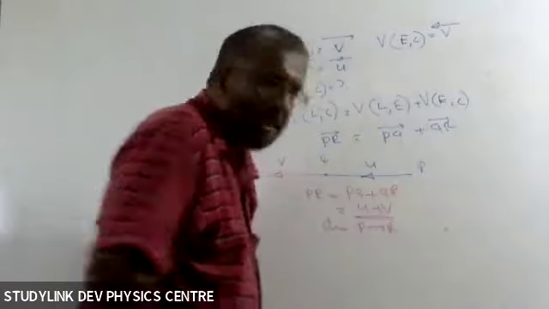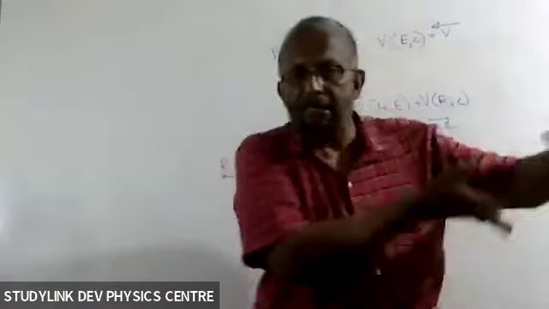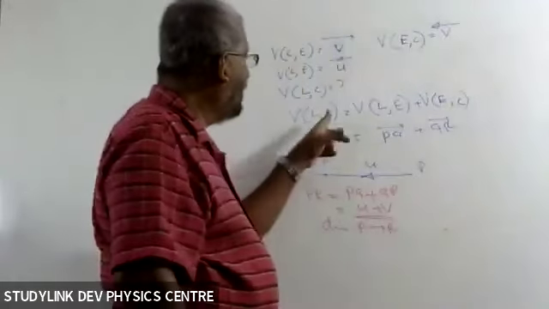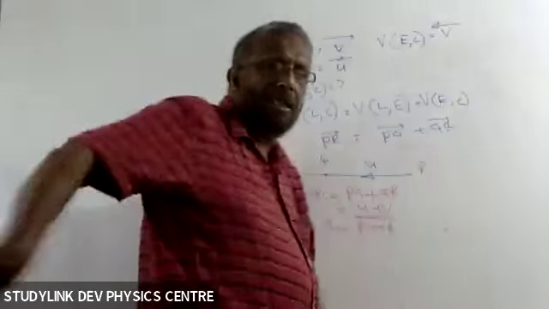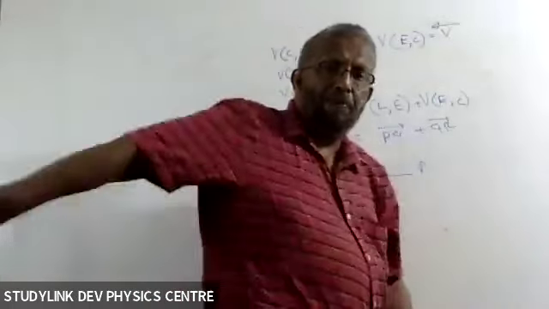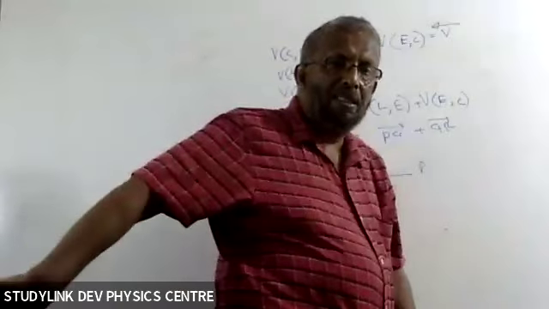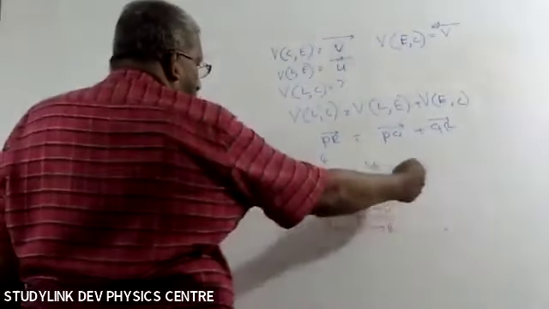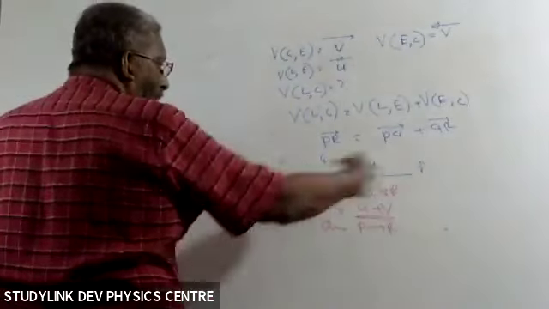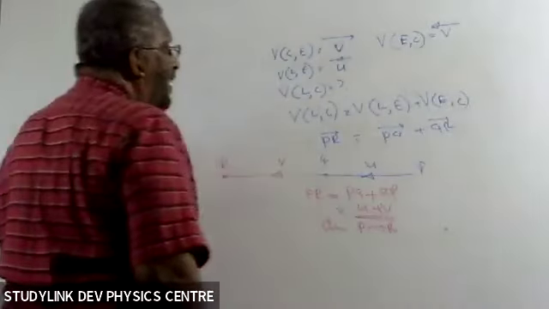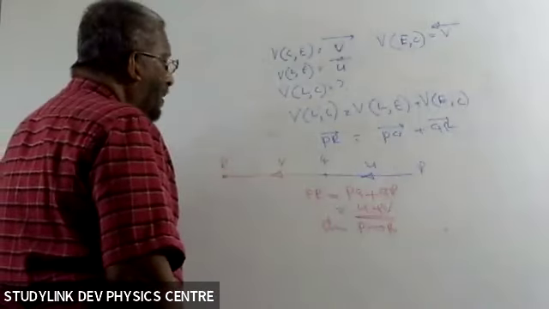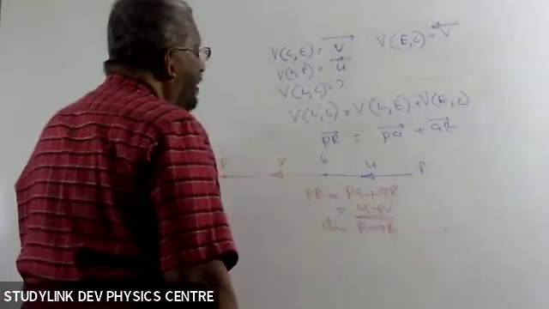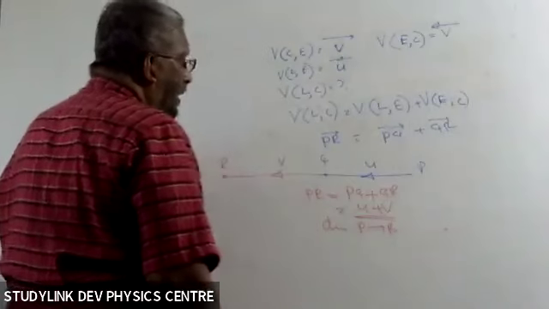The person in the car, relative to the car, can see the lorry passing him. It's going backwards. So we got the answer as PR. PR is the opposite direction. Understood now? So that is U plus V. The first one is PQ, LE.